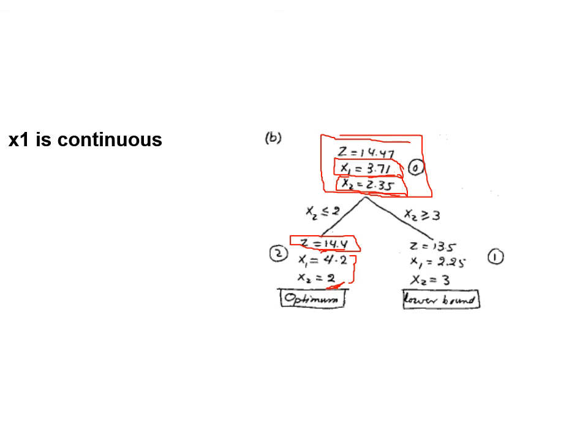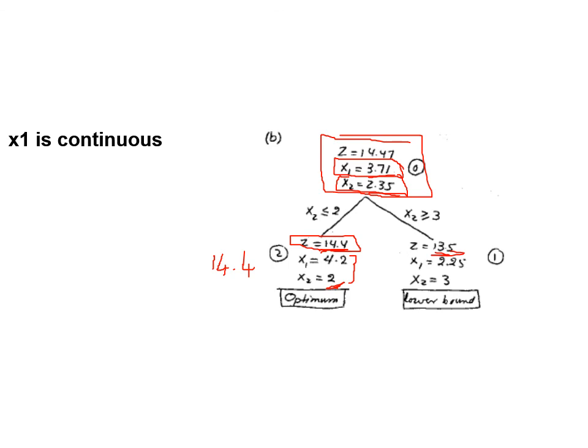Our previous lower bound was 13.5. And for a maximization problem, 14.4 is better than the other one. So we need to update our lower bound to 14.4. Okay, so we stop at this point. We fathom because of having a feasible solution.